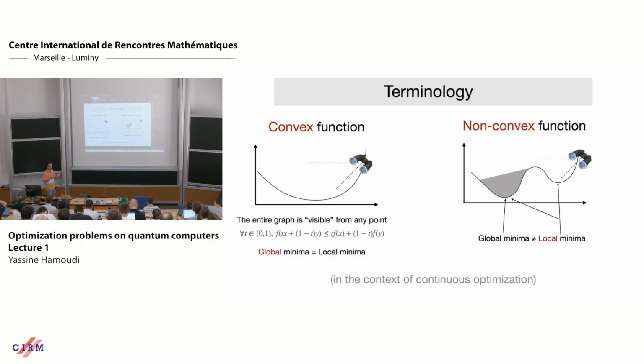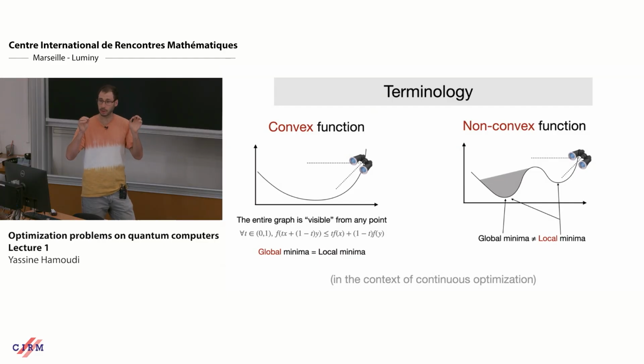So I guess you all know what is a convex function, but schematically it can be represented as a graph where if you are at any point of the curve, you could see all the other points of the graph. Okay, so in some sense, wherever you are, you can see the minimum if you could look sufficiently far away.